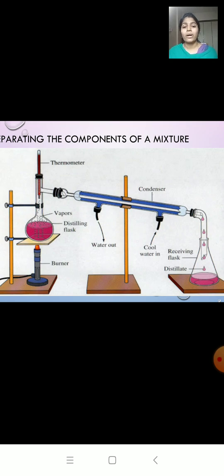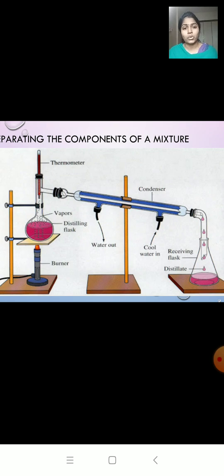Now remember one thing, the liquid which has less boiling point will turn into vapor first. So over here acetone's boiling point is 56 degrees Celsius, so it will boil first. So start heating the flask. Once the temperature reaches 56 degrees Celsius, that is the boiling point of acetone.